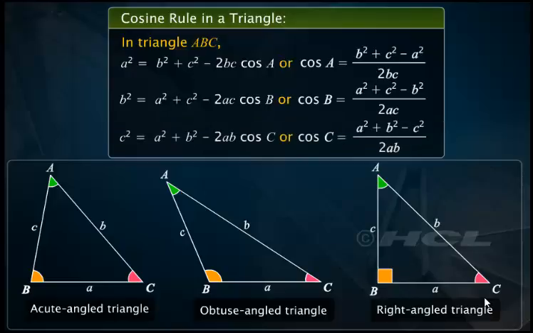And c squared equals a squared plus b squared minus 2ab cos C, or cos C equals a squared plus b squared minus c squared over 2ab.